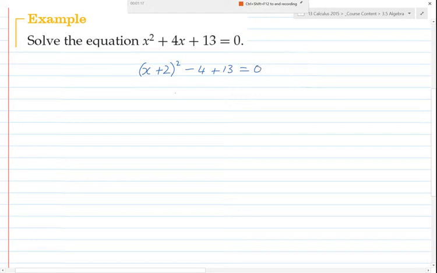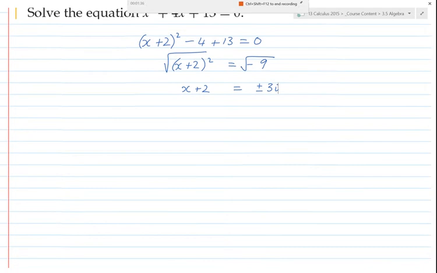And so we can write this as (x plus 2) squared equals negative 9, and now we can take the square root of both sides, and so x plus 2 is going to be equal to plus or minus 3i, and if you're not sure why, have a closer look at that. And then we can subtract 2 from both sides, so x equals negative 2 plus or minus 3i.